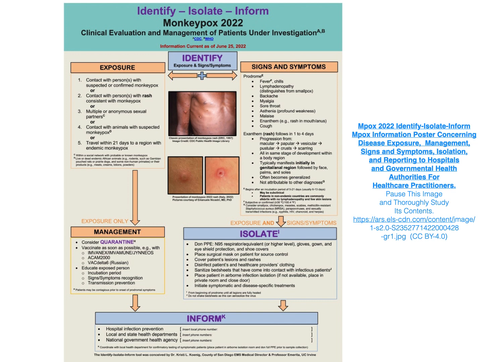Sanitize bed sheets that have come into contact with infectious patients. Place patient in airborne infection isolation. Initiate symptomatic and disease-specific treatments. Finally, inform hospital infection prevention, local and state health departments, and national government health agencies.